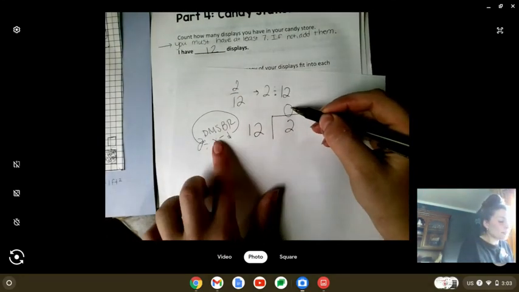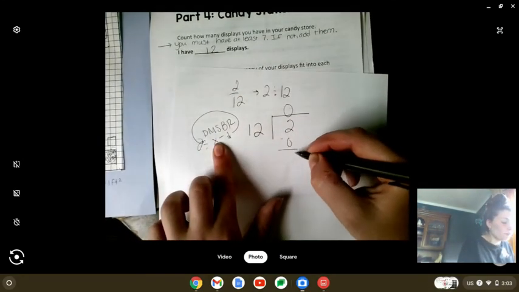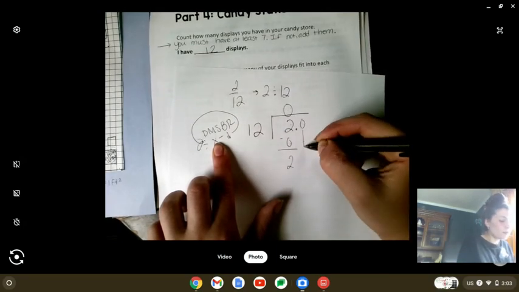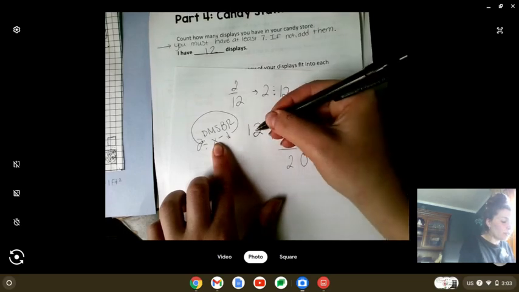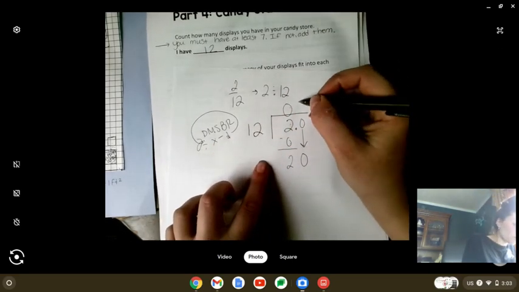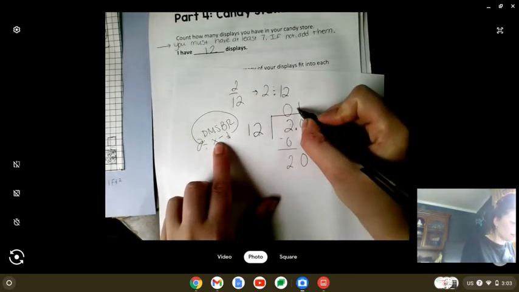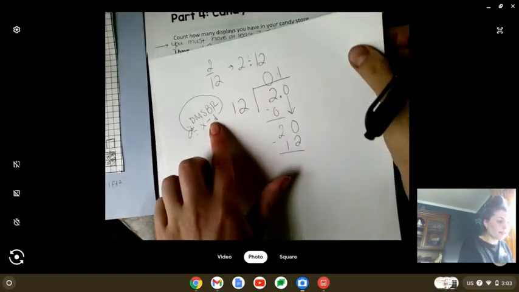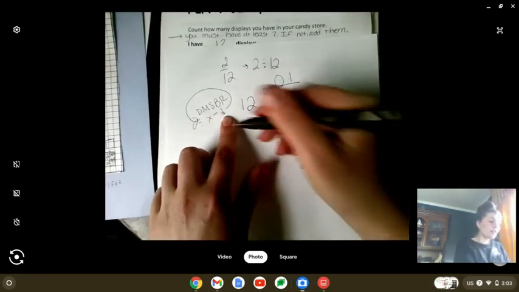12 times 0 is 0. 2 minus 0 is 2. Add a decimal and a 0, bring down. 12 goes into 20, 12 goes into 20 1 time. Multiply. 12 times 1 is 12. Subtract. We get 8. Bring down.